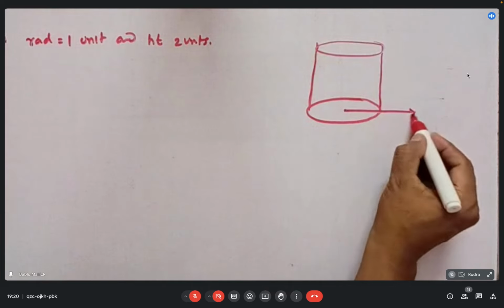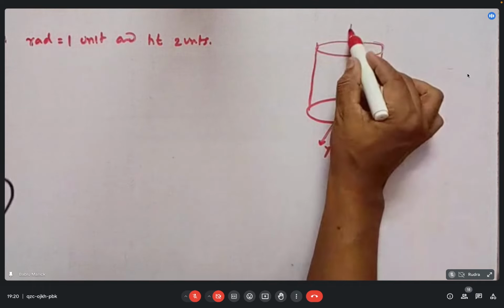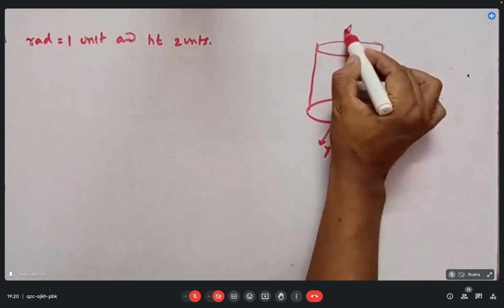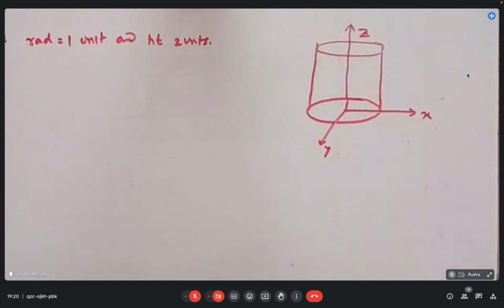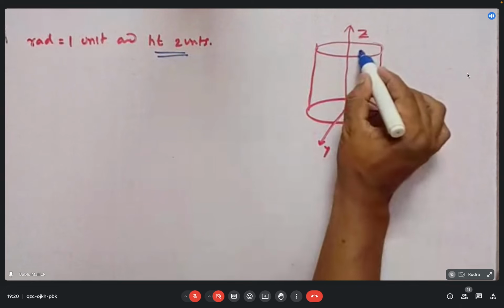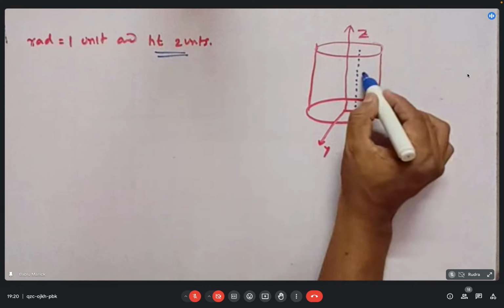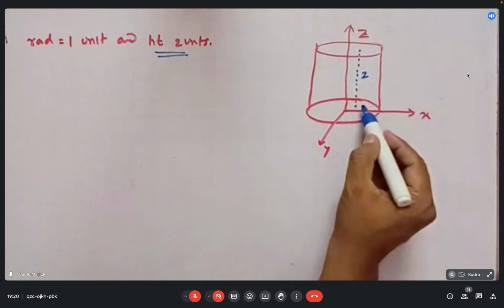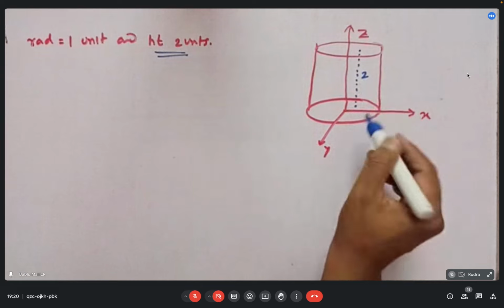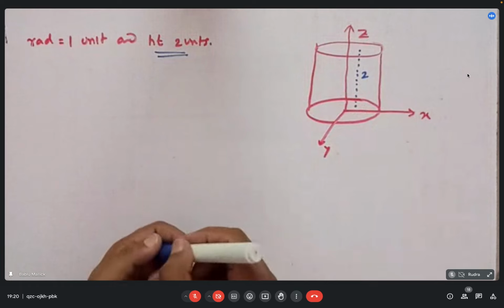So I shall take this as the x-axis, this as the y-axis, and this height as the z-axis. So that means we shall integrate the height. This height is 2 units. So we shall integrate the height over the circle, this circular region.